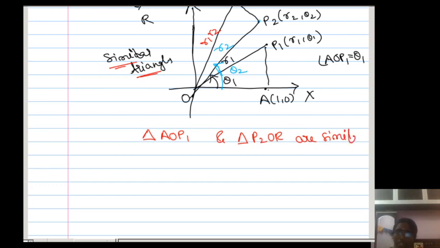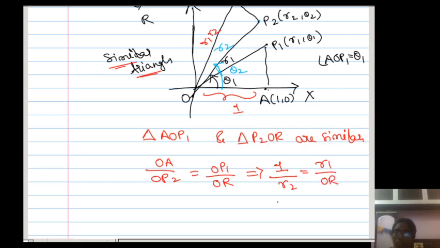If you have similar triangles, you have this property: OA by OP2 is equal to OP1 by OR. From that, what is OA? What is the distance here? 1 unit. So 1 by OP2, which is R2, equals OP1, which is R1, by OR. So from this, what is OR? By cross multiplication, R1 into R2. Now you got OR as R1 into R2.